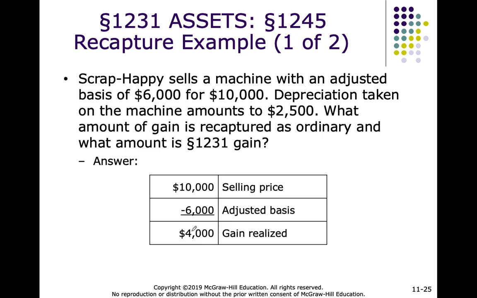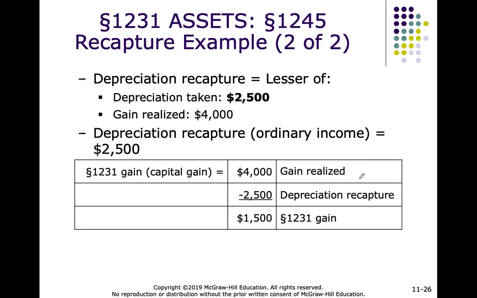That's correct. So we have taken previous depreciation of 2,500, so this gain is going to have to be split up. Up to the 2,500 will be our depreciation recapture. This will be taxed as section 1245.